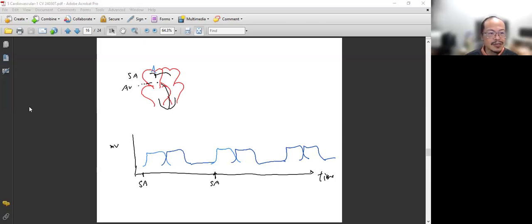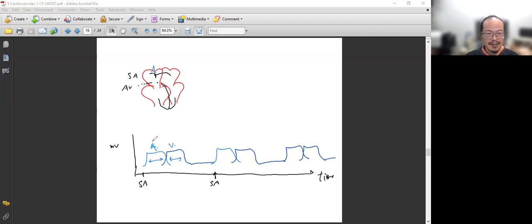You have the atrium contraction, the atrium action potential, and during this time, atrium contraction. The mechanical process of this pump will be atrium contraction, followed by ventricular contraction. So atrium contraction, both left and right.